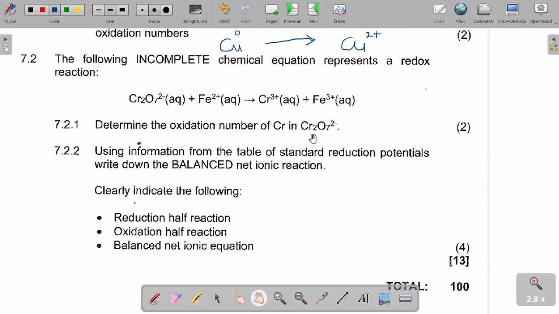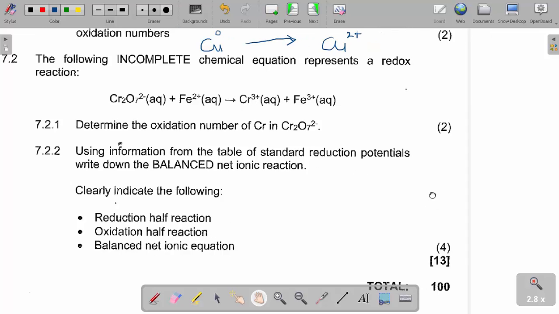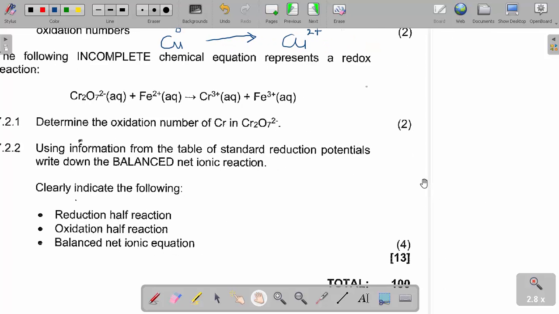So if it is X for 1 chromium, it's going to be 2X here. So to get my oxidation number, I do the calculation. Because there are 2 chromiums, it's going to be 2X.